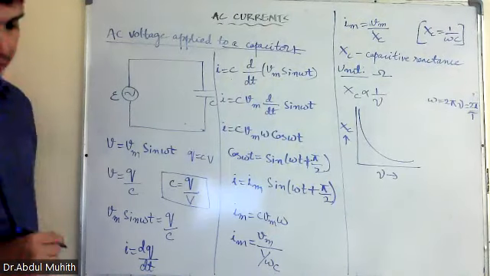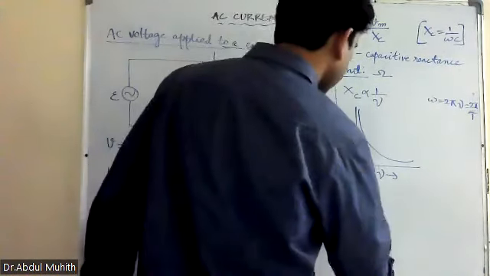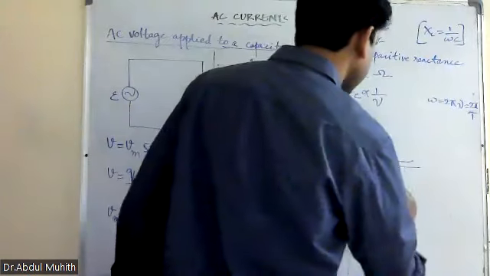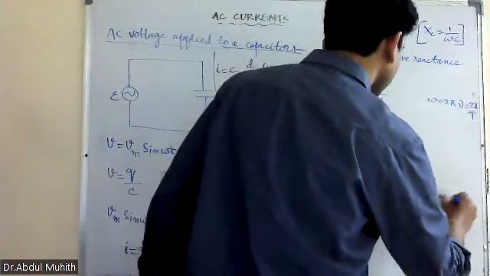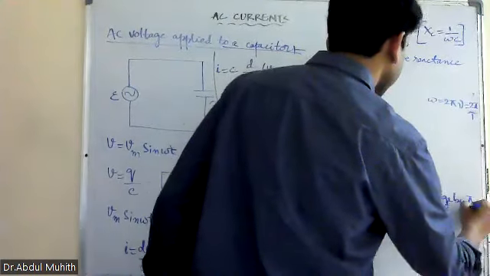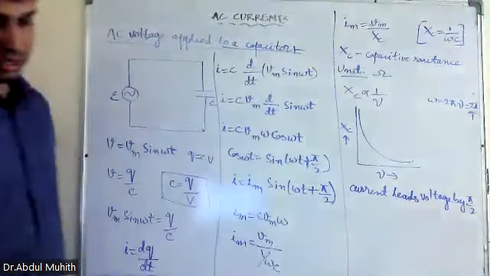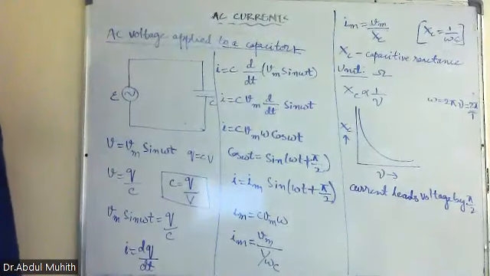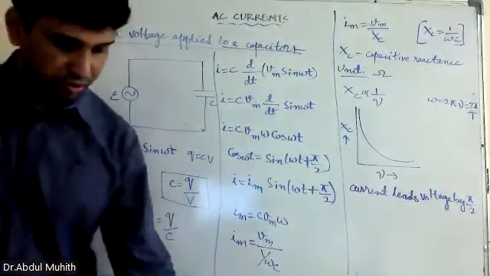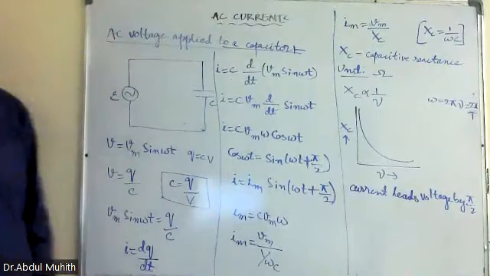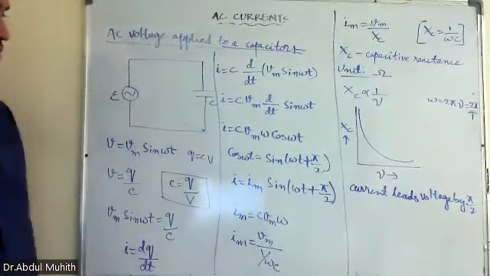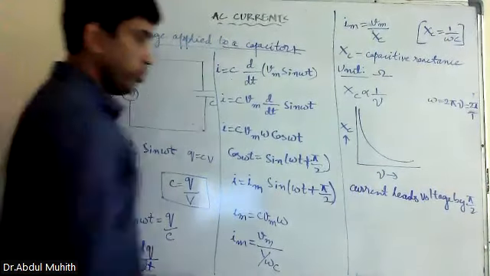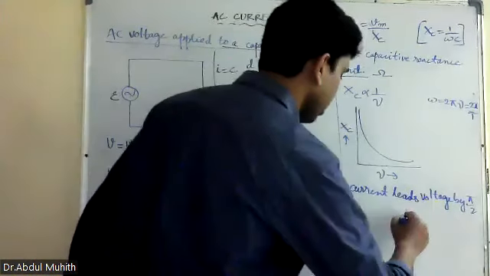Okay, so current leads voltage by how much? Current leads voltage by 90 degrees. Is that clear? So this is what we have to discuss here in this equation. Now we will discuss the waveform also. If you draw the phasor diagram for this, what happens here?